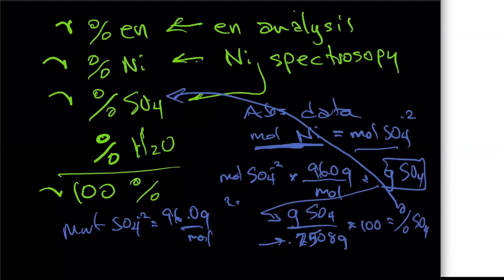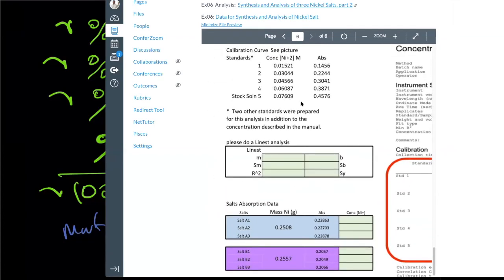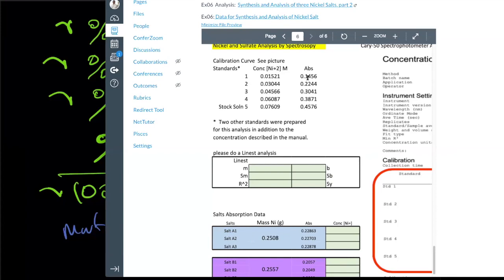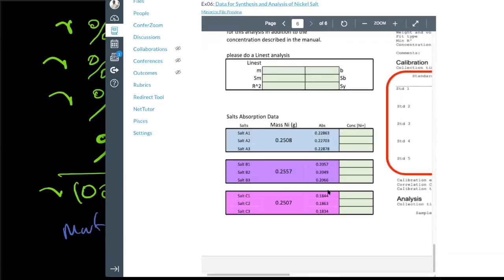Okay. Yes, actually, I was just going to confirm where you got the absorbance versus concentration graph. Is that just from the data you have, the table right there? Yeah, it's this data. This is the absorbance versus concentration. And then once you establish this calibration curve, then these are the absorbance for the salts.